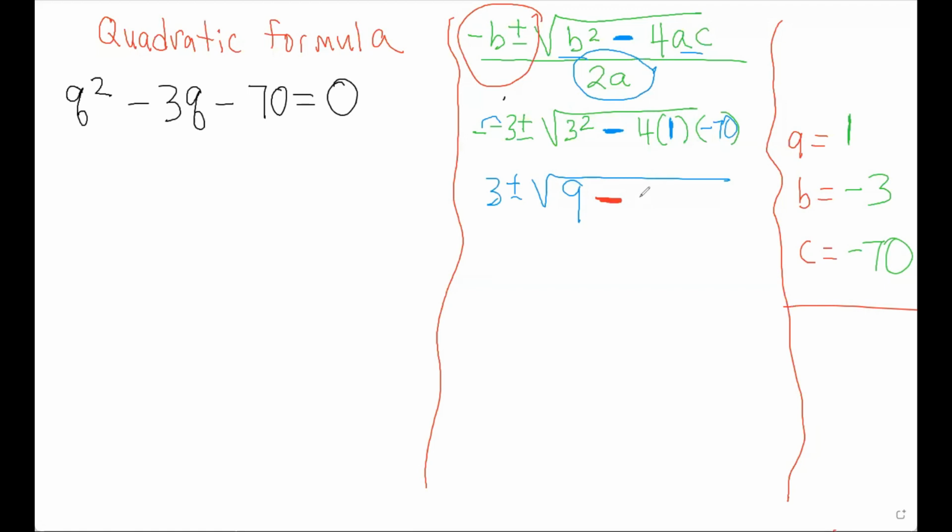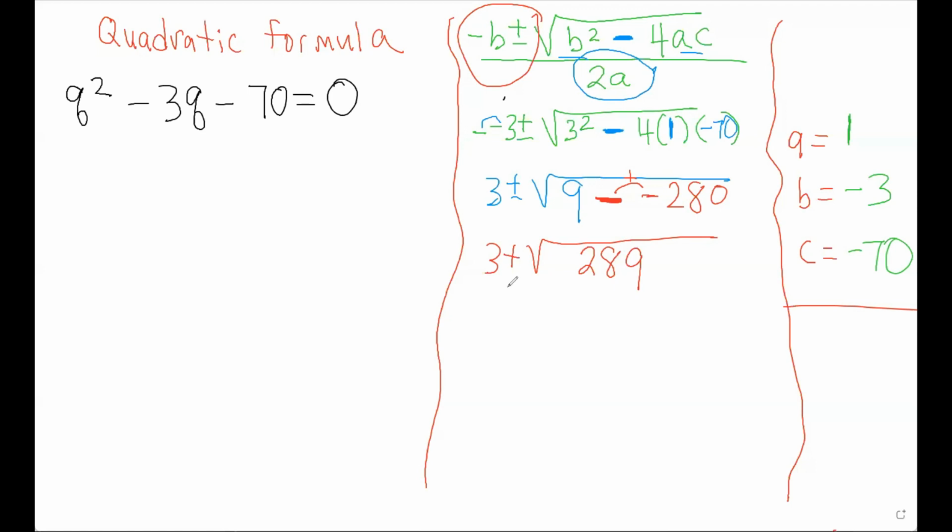Negative 280. Okay, so now I have 3 plus the square root of, now these two right here, we must add those, right? So what is that going to be? 289. Are we adding these two? This is 9 plus 280, right?